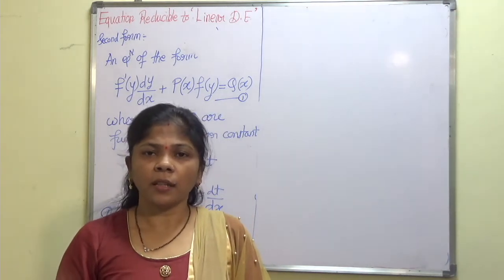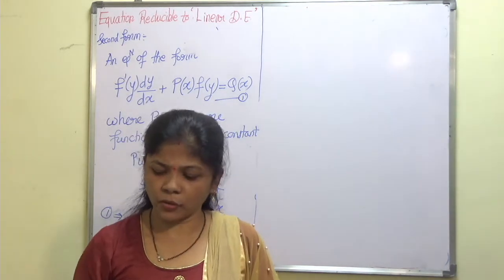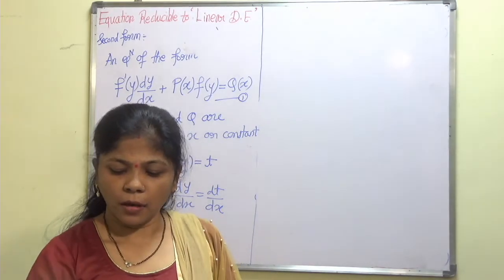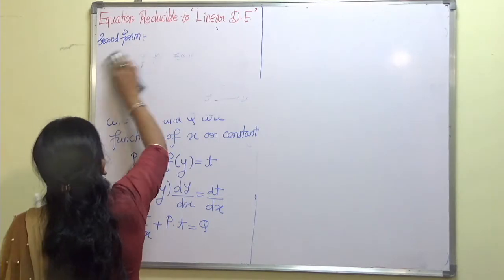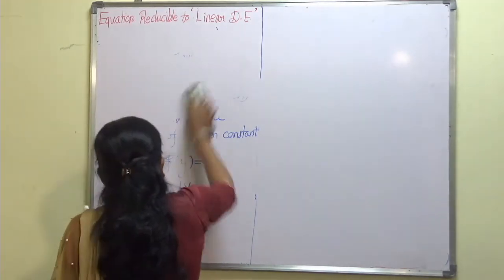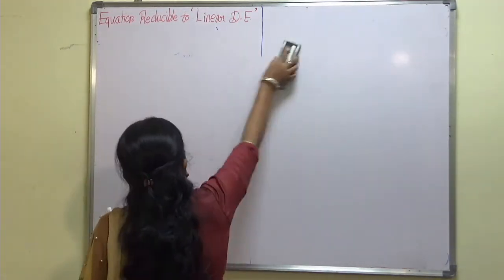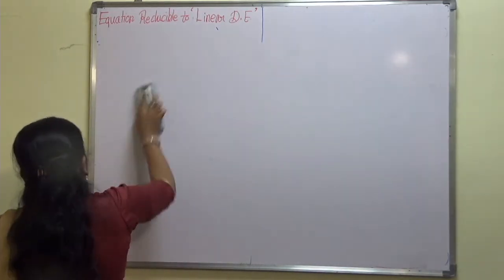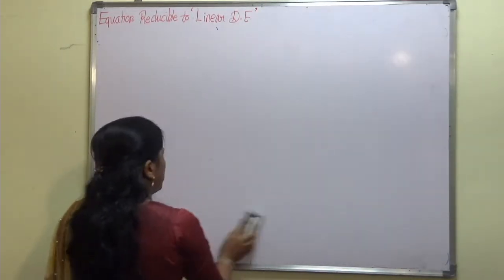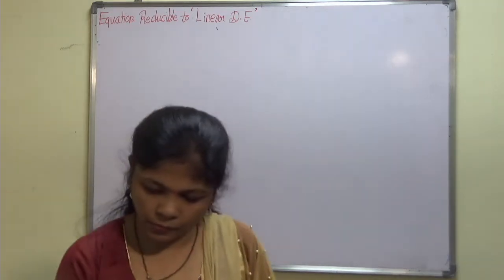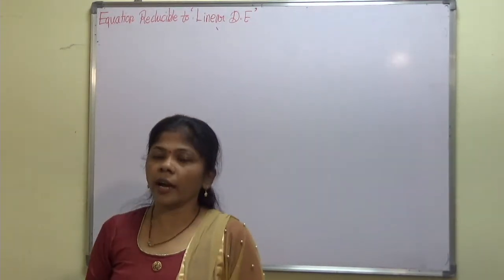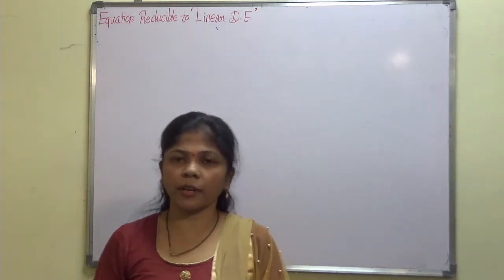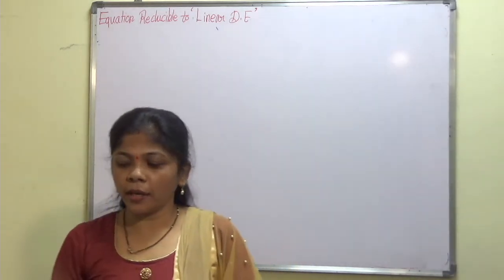Let us see the problem based on this. The first example on Bernoulli differential equation is... But before this, I would like to tell you what is the working procedure for Bernoulli differential equation.